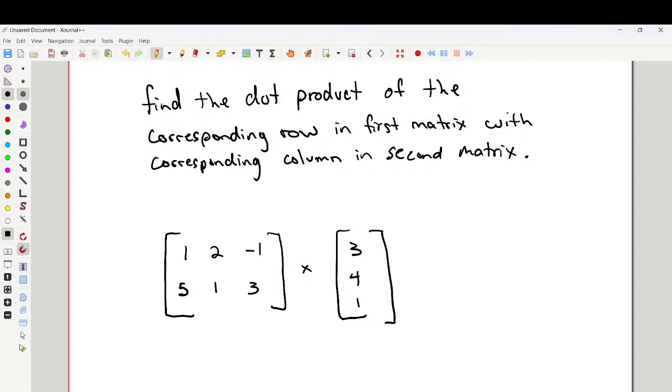So by calling this a dot product, it's truly what it is. And there is 100% a connection between matrices and vectors that we don't get to in this course. Some matrices are vectors, not all vectors are matrices, and things like that. So for us, just a little side note, you are finding the dot product.